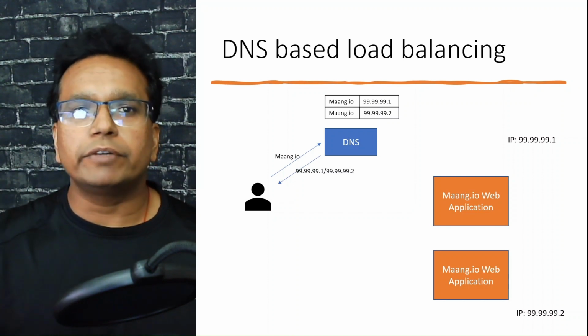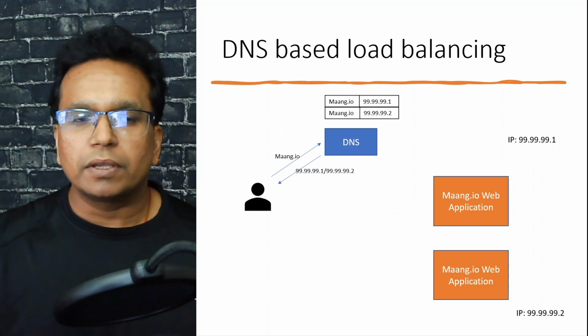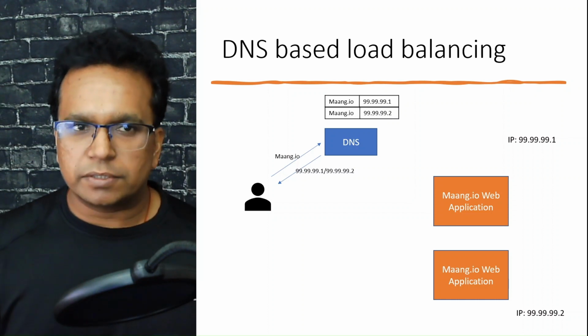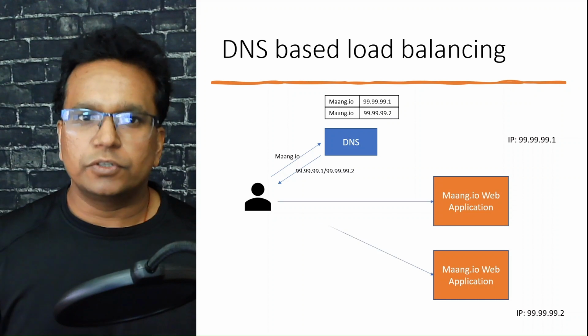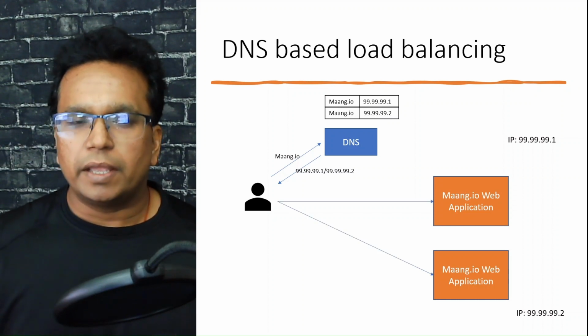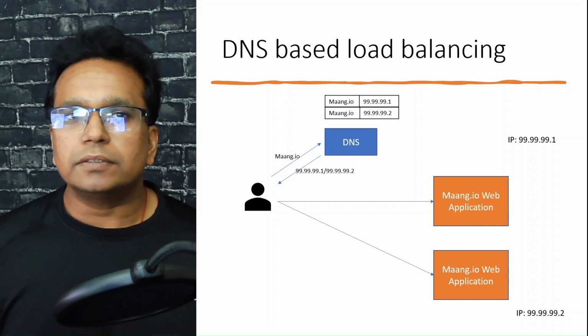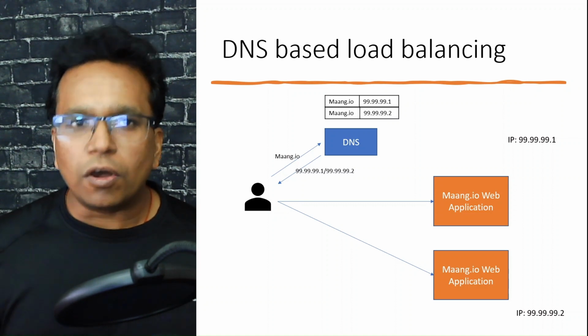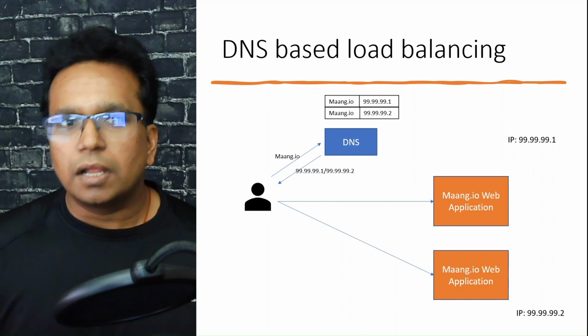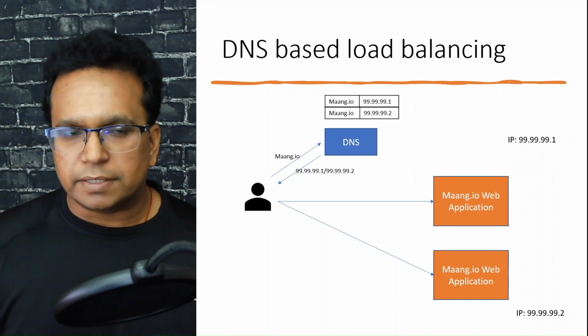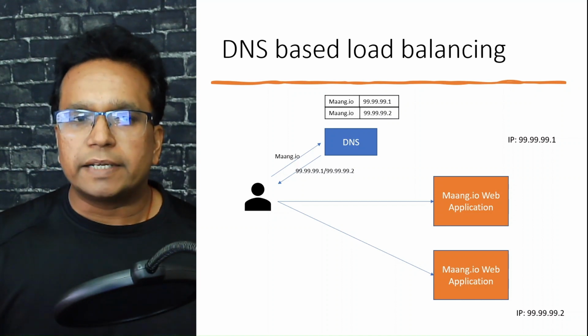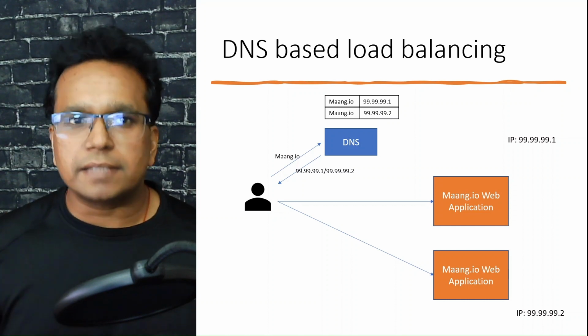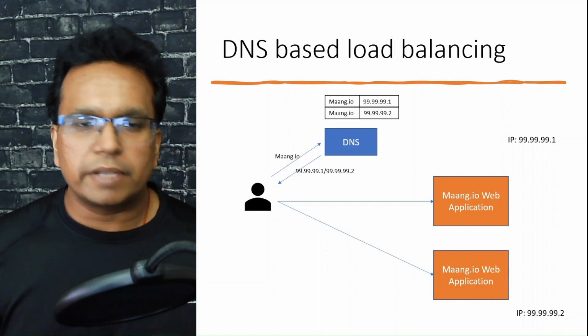So it could be 99.1 or 99.2, and then the client uses the returned IP address to connect to those applications. The DNS can return the IP address in a round robin way, or it can also return all the IP addresses and send them to the client and let the client decide which IP address they want to use.